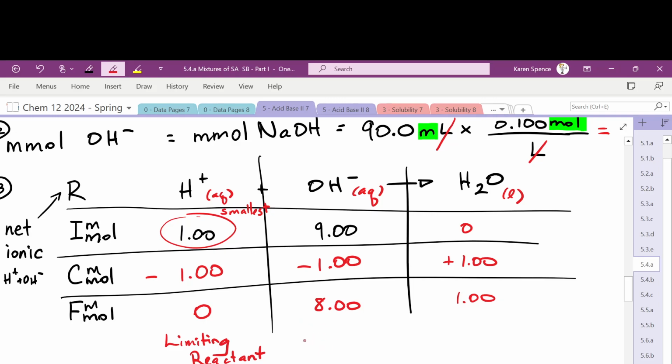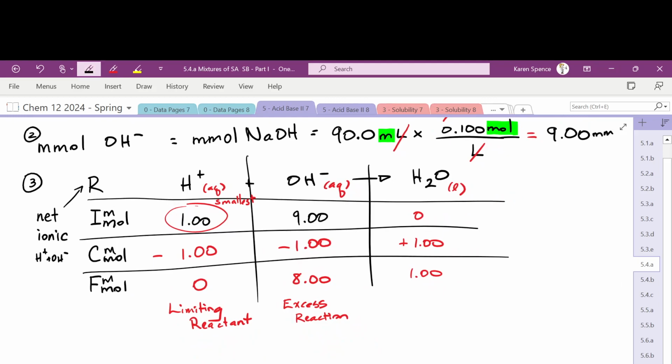Okay, so here's OH, and that is our excess reactant. And how much is it in excess by? 8 millimoles. Okay. And so now what we do is we say step 4, we want the pH, yes? Now, if we know that there are 8 millimoles, and this is millimoles of OH minus, what would we want to find? We would want to find pOH and work our way to pH.